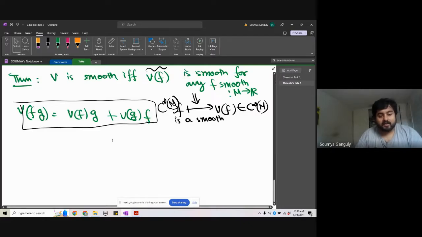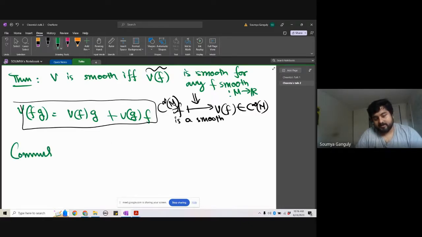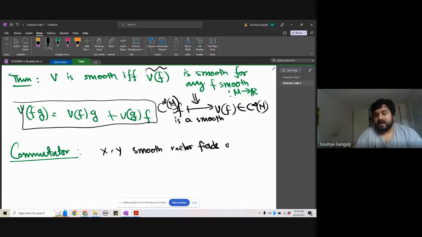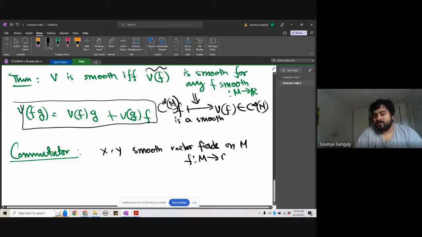One is the commutator of vector fields. It is actually not a very difficult thing. Suppose you have X, Y smooth vector fields on M, and f from M to R is a smooth function.